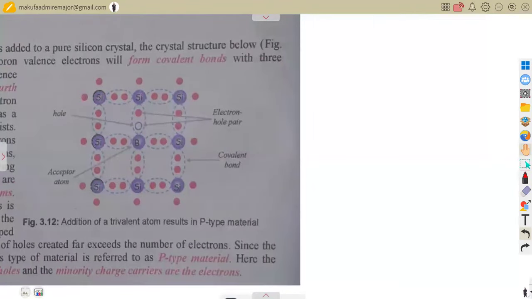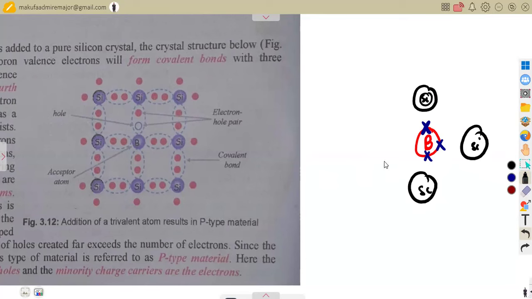So using boron, which is under trivalent, with 3 valence electrons, bonded with a silicon, which has 4 valence electrons. We're supposed to have a silicon here, another silicon like this. As you bond with a boron, which has 3 valence electrons, we are going to take these 2, these 2.